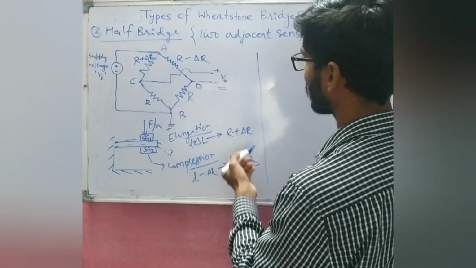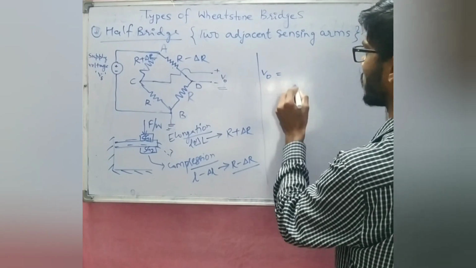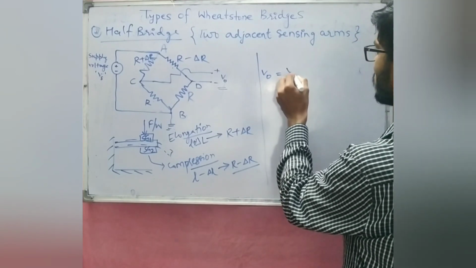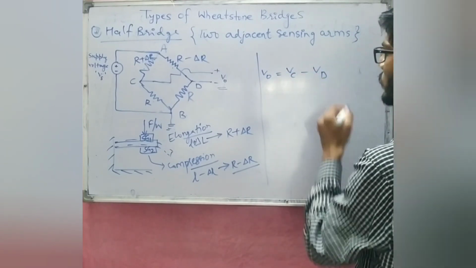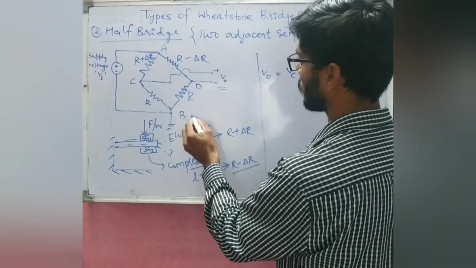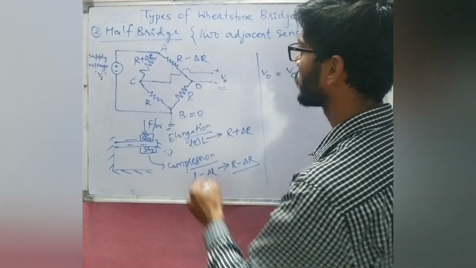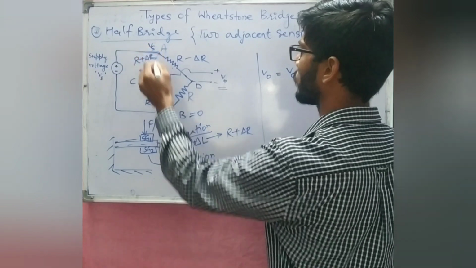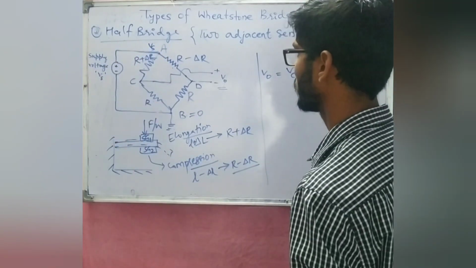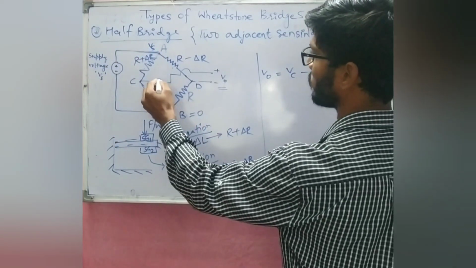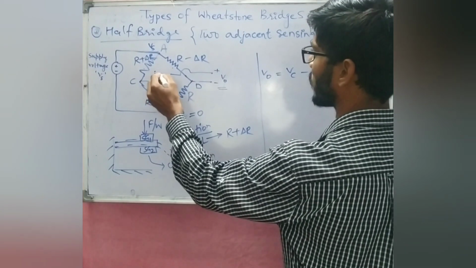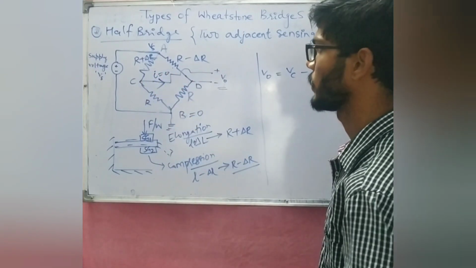So now we want to derive the output expression for voltage, which is going to be the voltage at C minus the voltage at D. The voltage at point B is equal to 0 and the voltage at point A is equal to Vs, as the voltage difference is Vs, and also the meter resistance is infinite, so the current drawn by this branch is going to be 0.